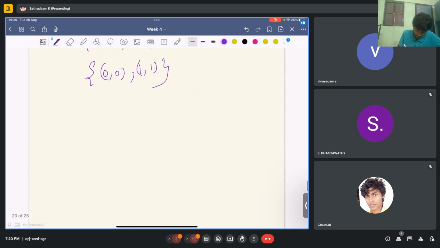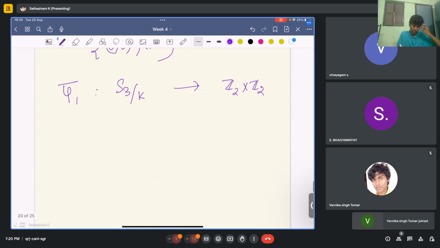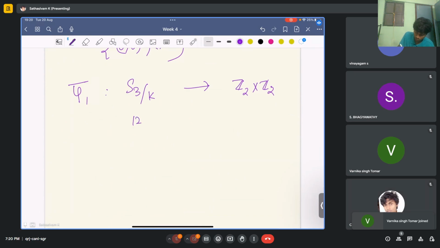How do you get there? Let's say you define phi 1 bar, which goes from S3 by K to Z2 cross Z2, and this maps 1 plus K to (0,1).